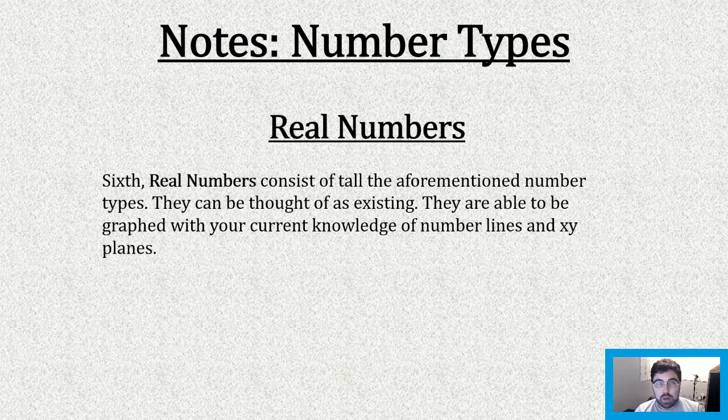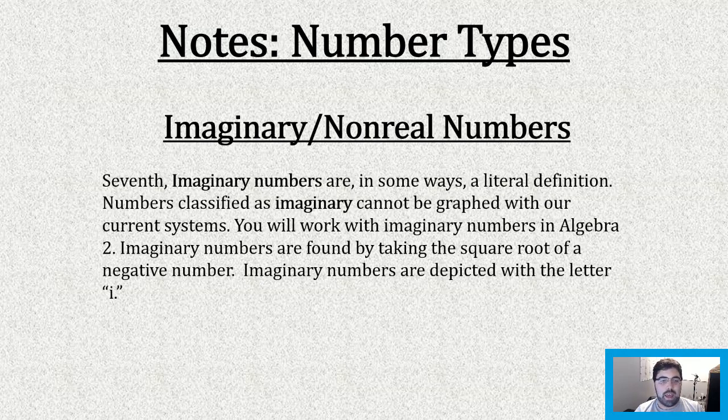If we can't graph the numbers with our known methods, then that's when we get into the next category, which we don't cover a whole lot in algebra, but you will get into in Algebra 2, which is your imaginary or your non-real numbers. And don't focus so much on this part. It's here purely for information.